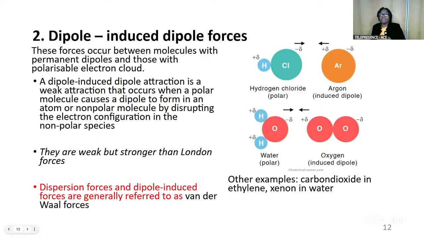And so those are the ones we refer to as induced dipoles. And you can see the arrows here pointing to the fact that as they come close, they induce charges on argon. So the chlorine, you know, is more electronegative, so it's going to carry the permanent dipole with negative charge, and that induces a positive charge on the one that is beside it.